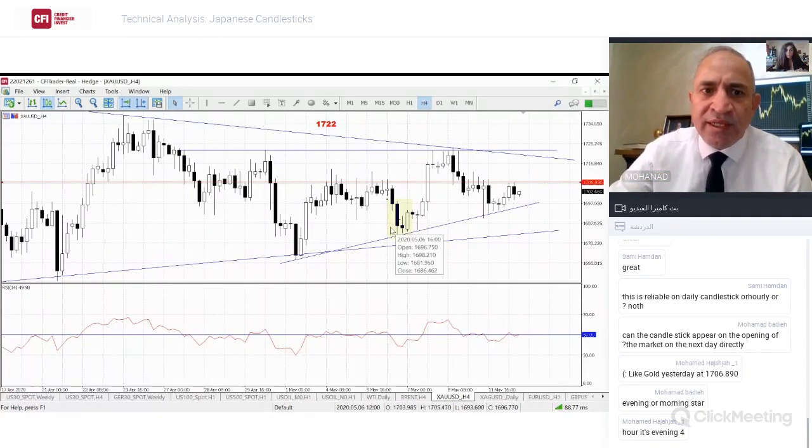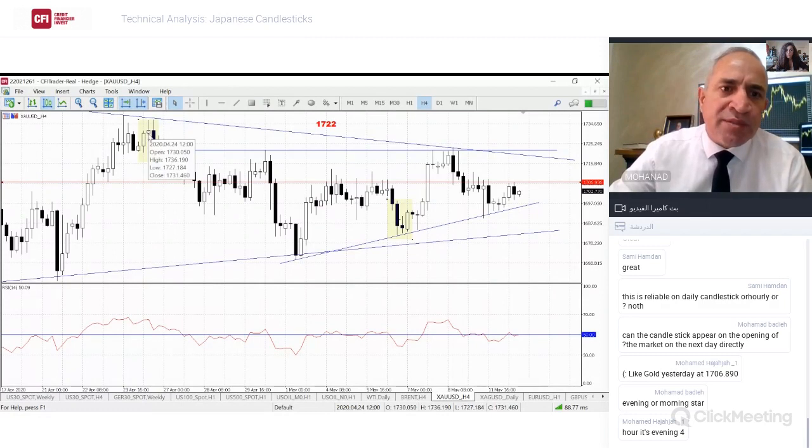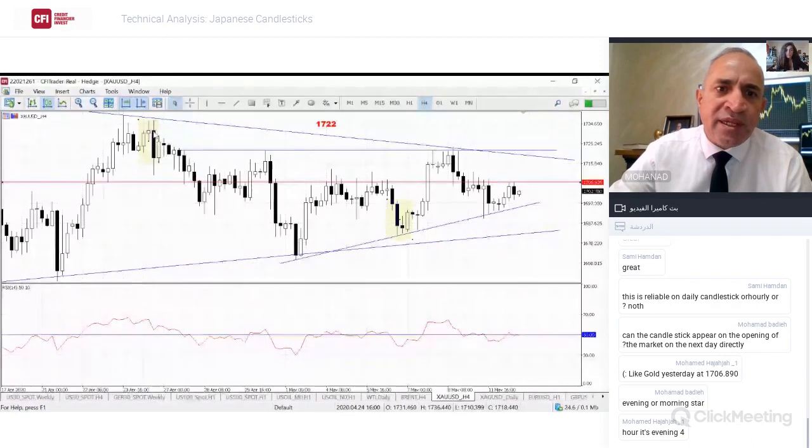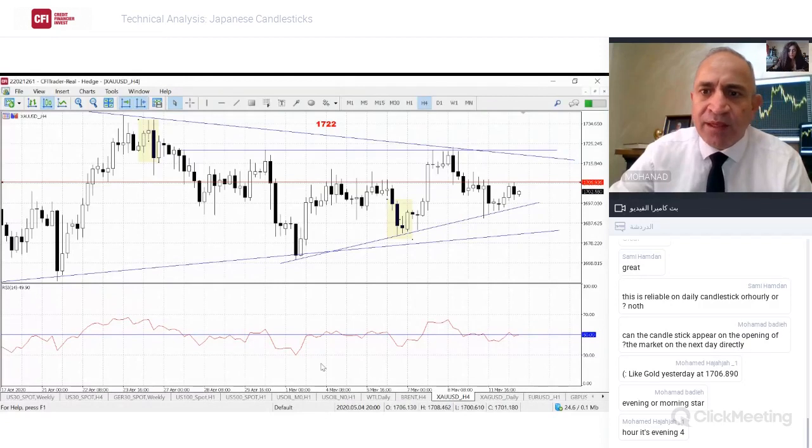This is a morning star. This one is an evening star. White candlestick, followed by a small real body candlestick, and end with a black candlestick that completely covers the first white candlestick.